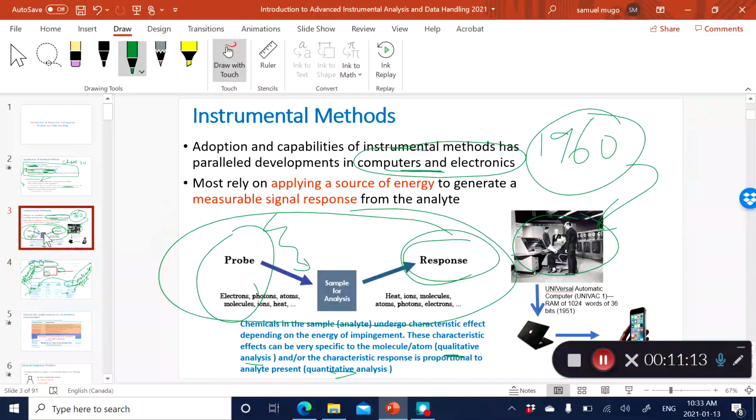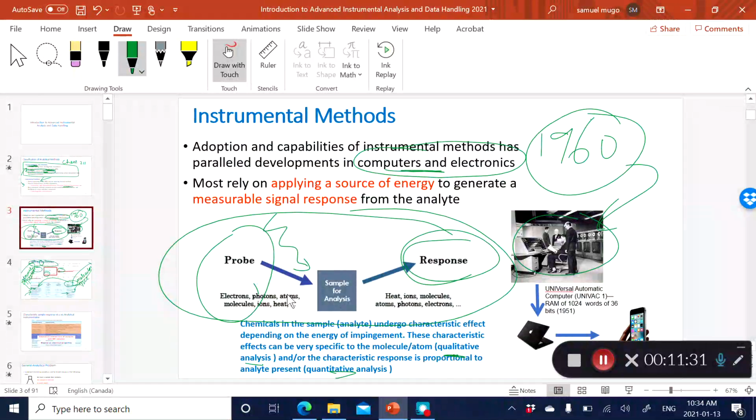But as I've said, not just the photons, which are the basis for spectroscopy, but the probe can also be electrons. It can also be atoms. For example, if you're using electrons, that's the basis often for electron impact, the EI mass spectrometer.